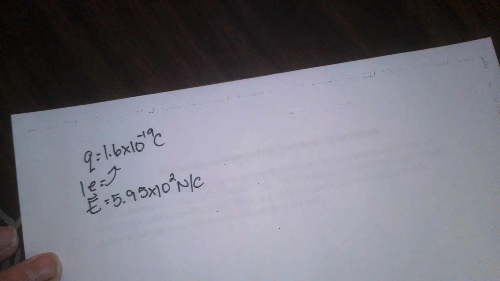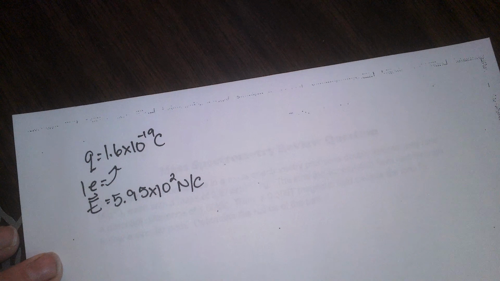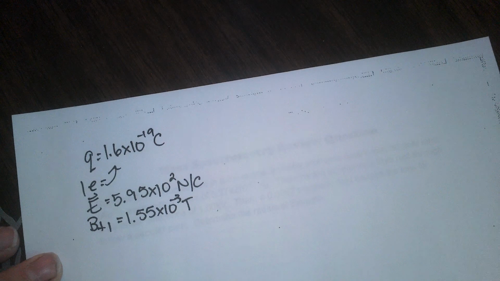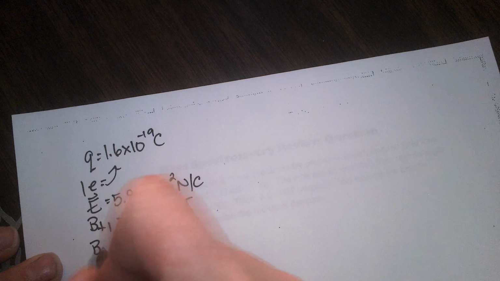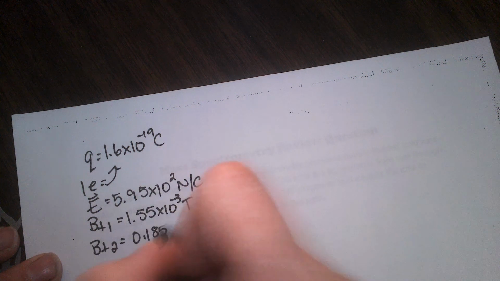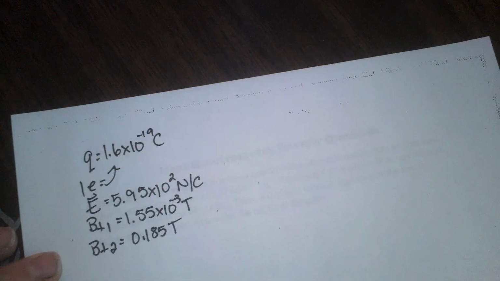It says that it enters the first magnetic field with 1.55 times 10 to the negative 3 teslas. It goes through, does its whole path. It goes through another magnetic field, and it is 0.185 teslas.